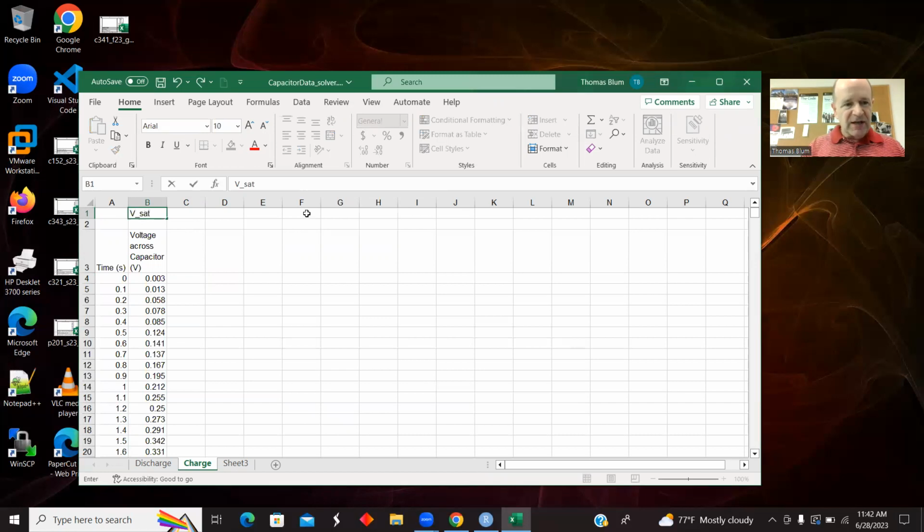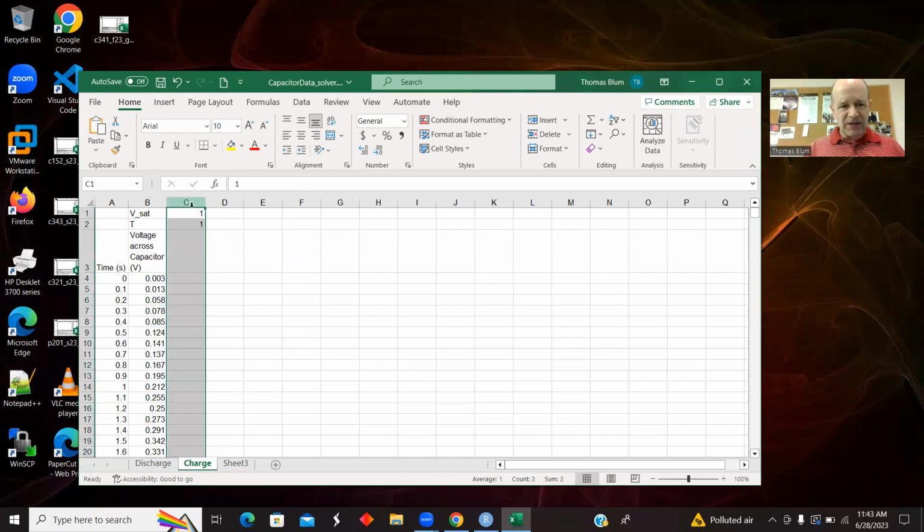One I'm going to call the saturation voltage, the voltage that you were applying, which is going to ultimately be the voltage of the capacitor. I'm just going to start that off at 1. And then a time constant, which I'll just call capital T, and I'll start that off at 1. And that's related to how long it takes.